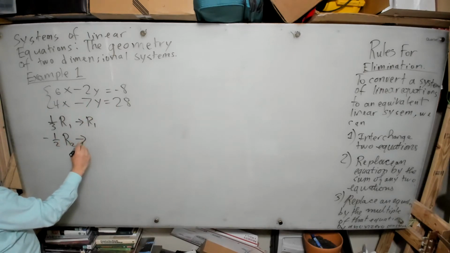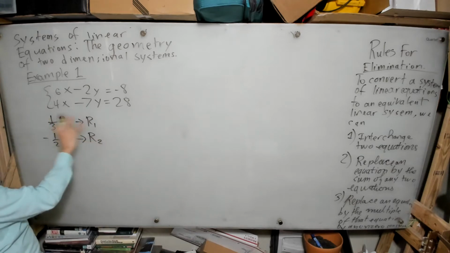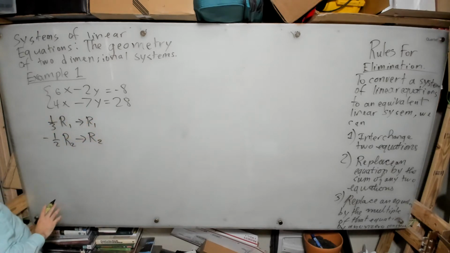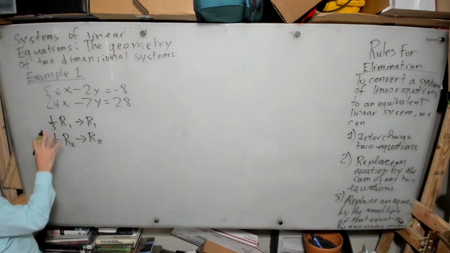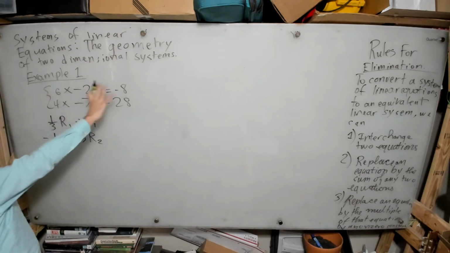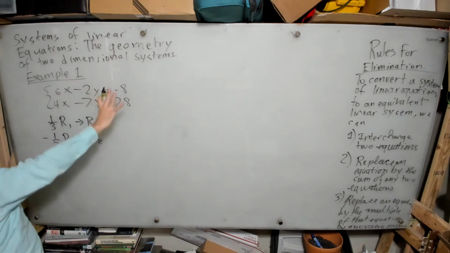By the way, I want you to use similar notation to this, so that when you look back on these notes, you can see exactly how I translated this system into the next system.